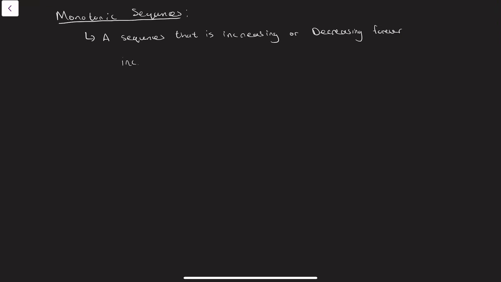If it's increasing forever, essentially what that looks like is a_n needs to be less than the next term, a_(n+1), for all n greater than or equal to 1. And if it's decreasing, you could say a_n will be bigger than a_(n+1) for all n greater than or equal to 1.